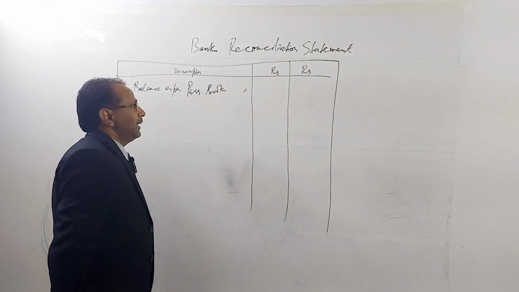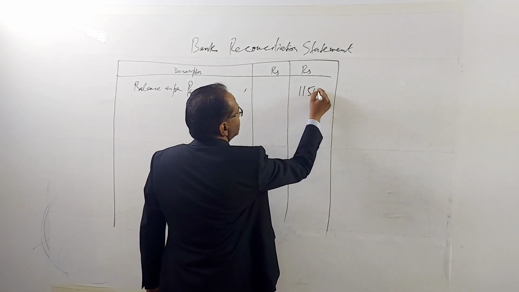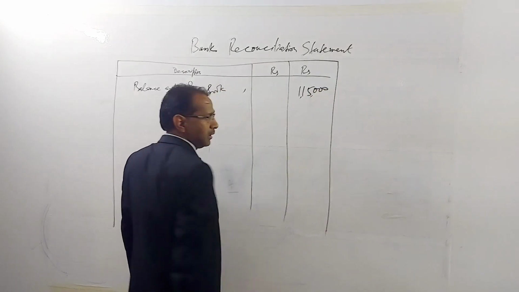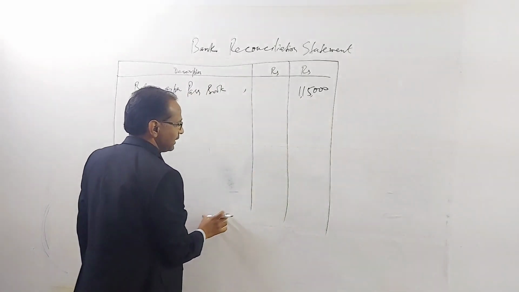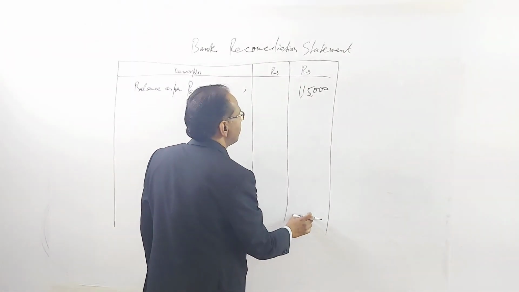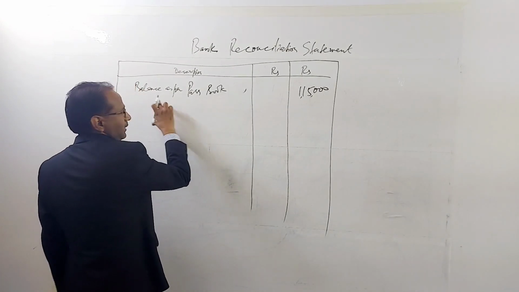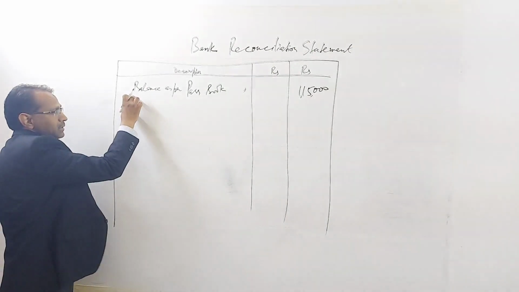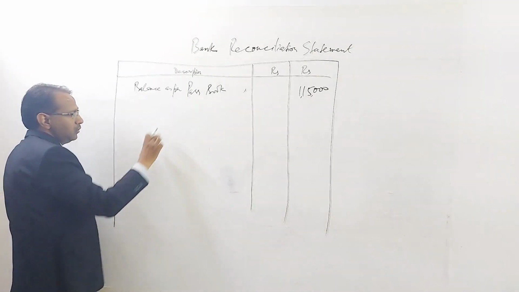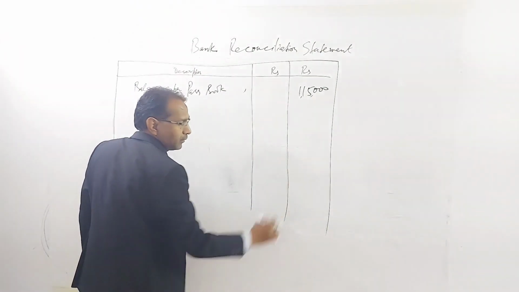The balance is 1,15,000 rupees, which we keep in the outer, second column. The balance as per the cash book will also come in the second column. In the inner, first column, we keep the transactions for which we make the adjustment, either adding or subtracting, plus or minus. Those transactions will be kept in the inside column, and then it will come out. We will see now.